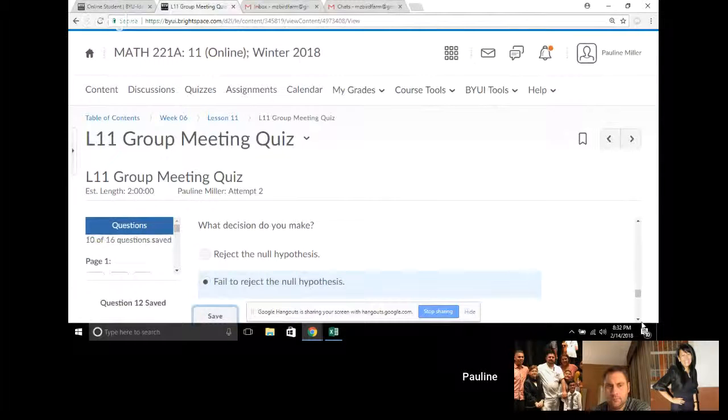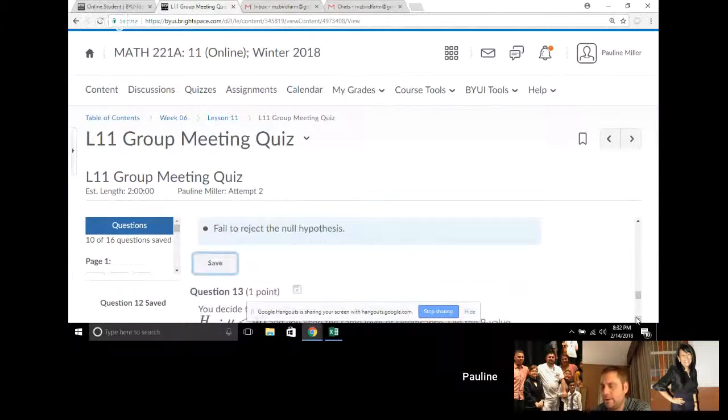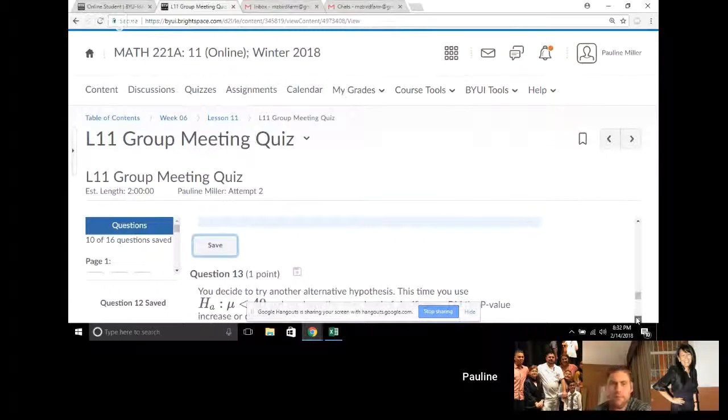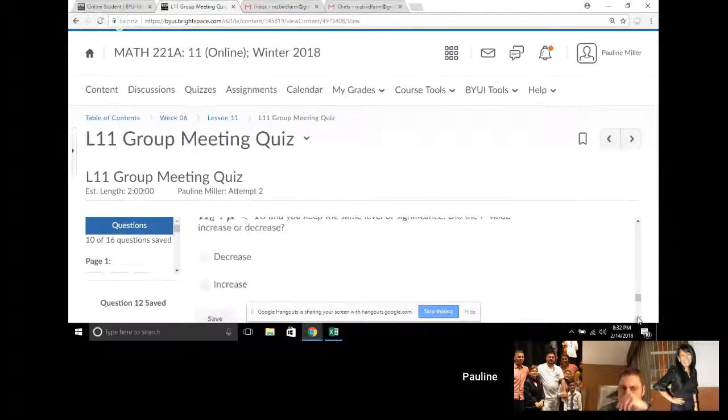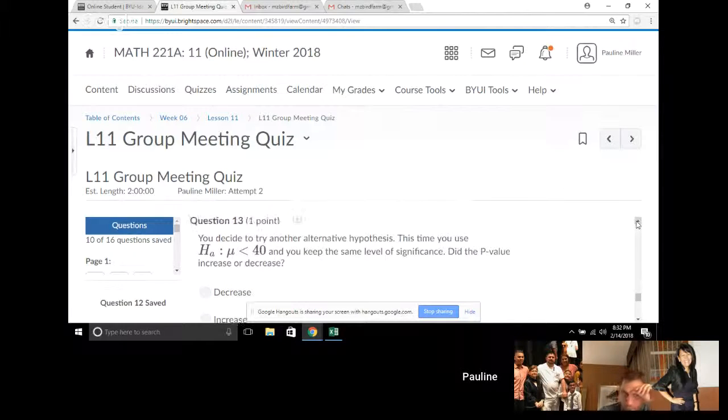So then we'd fail to reject it. If it's less than alpha, we reject it. If it's not less than alpha, we fail to reject. So the answer for this one is fail to reject.